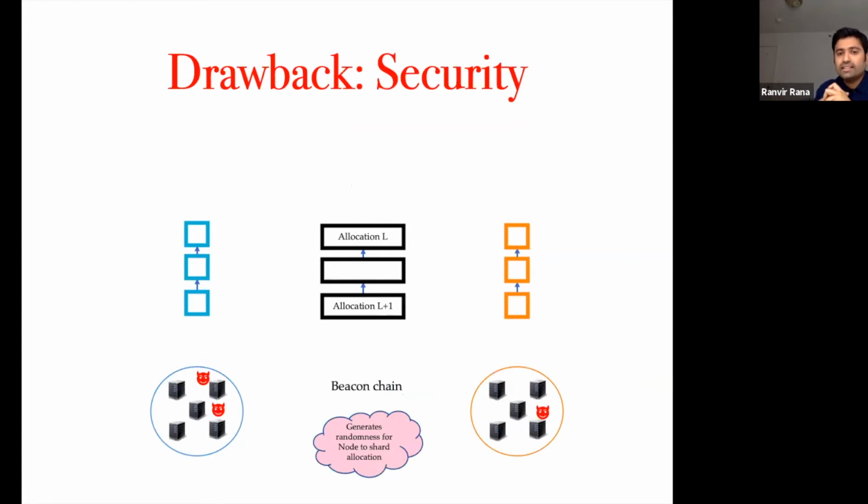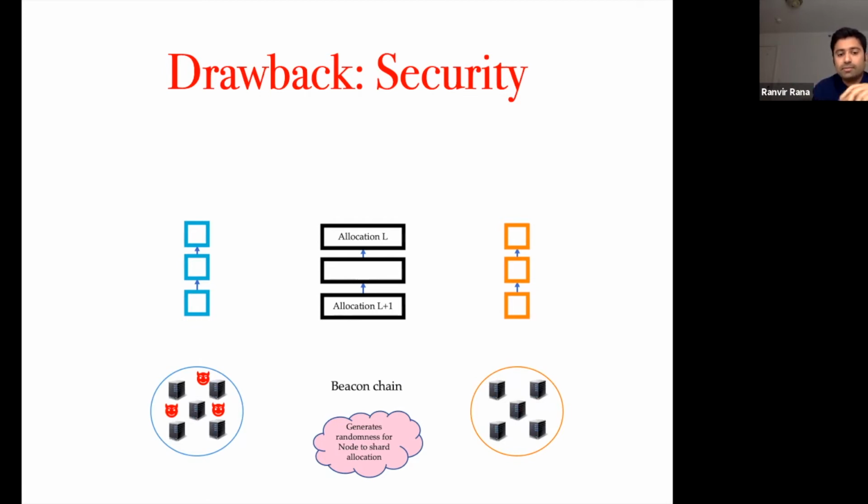Another drawback is security. These systems have a beacon chain which generates randomness and which maintains this node to shard allocation algorithm. And at regular intervals, it basically randomly allocates the global committee into shards. But within a particular interval, if the adversary is adaptive, it can target a particular shard and corrupt a majority of nodes in that shard.